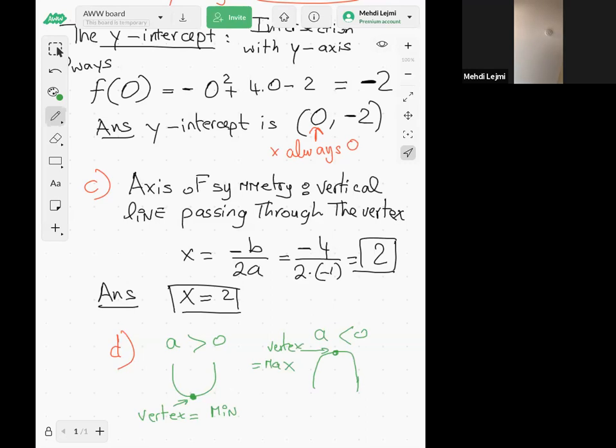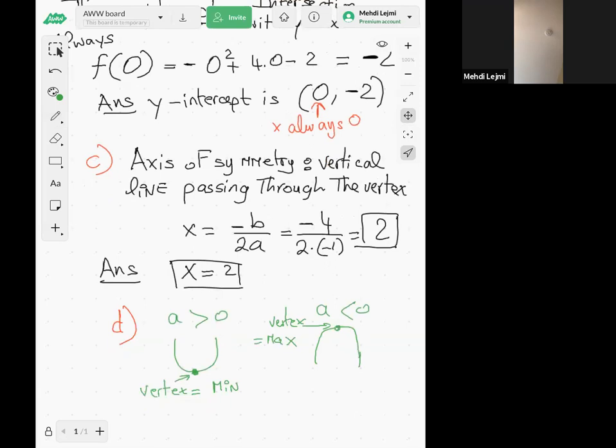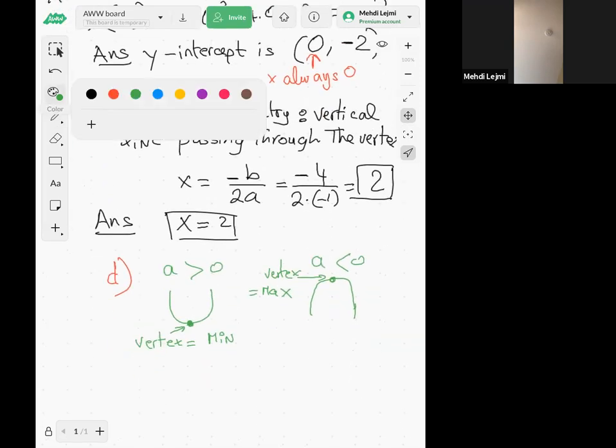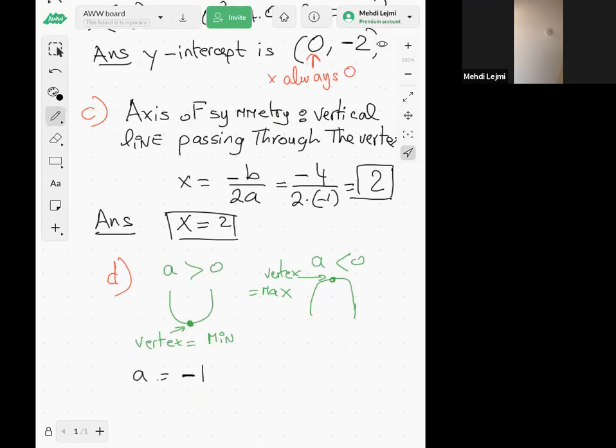Here in this problem, your A is -1, which is negative.